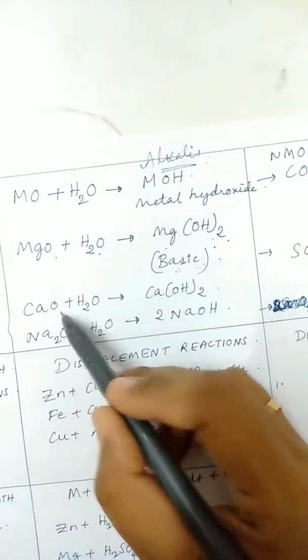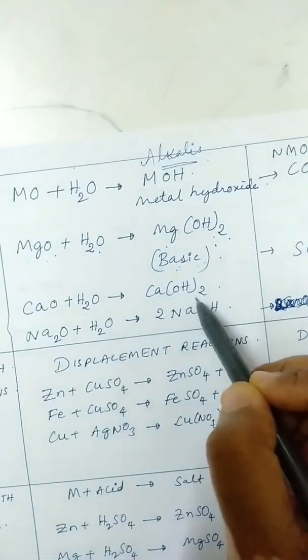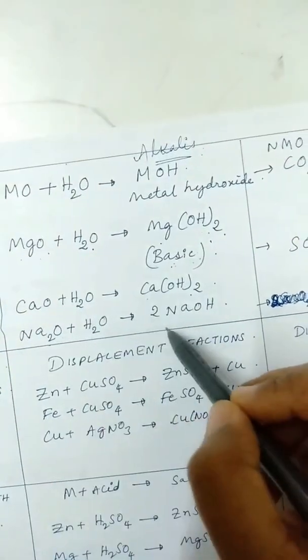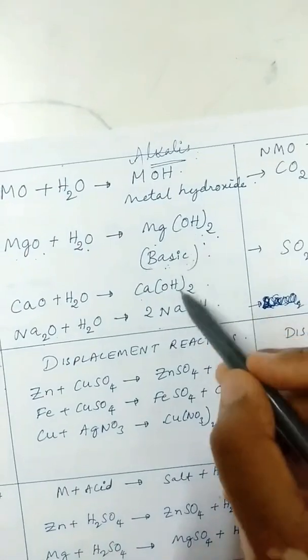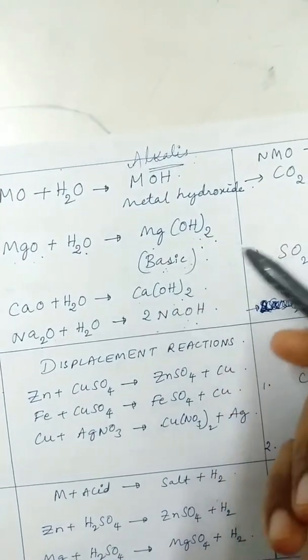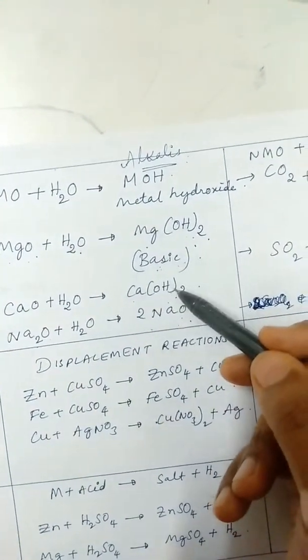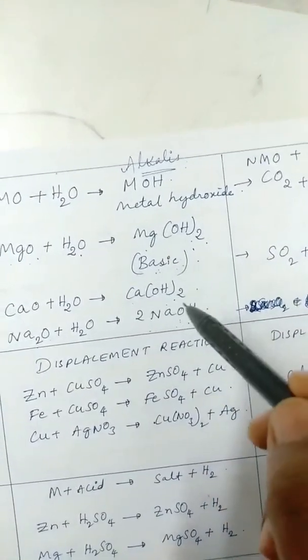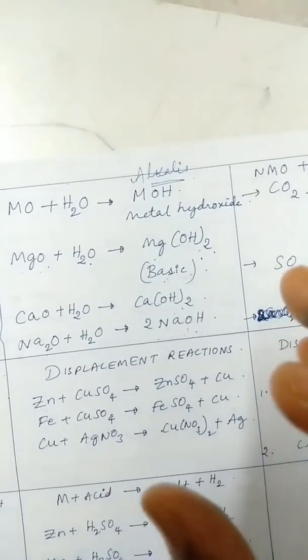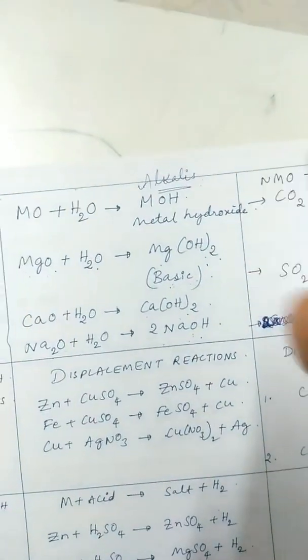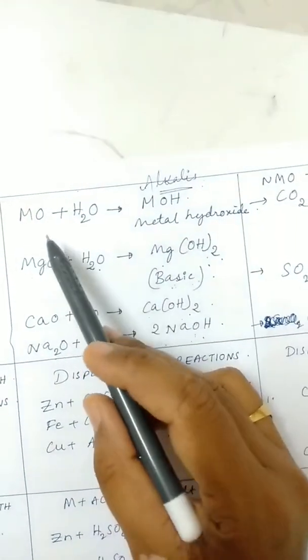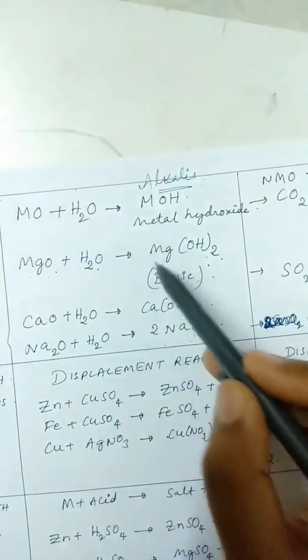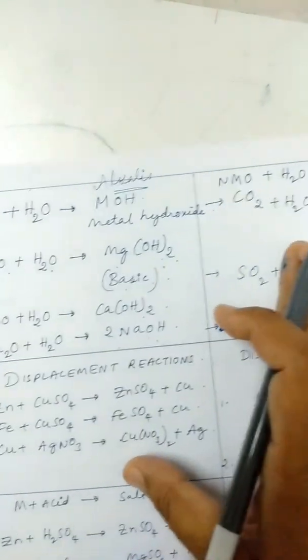Similarly, calcium oxide forms calcium hydroxide. Sodium oxide forms sodium hydroxide. If you test all these with litmus or any other acid-base indicator, you will see that they are all basic in nature. So, in a nutshell, metal oxides are basic in nature. Very, very important concept here. Metal oxides are basic in nature.